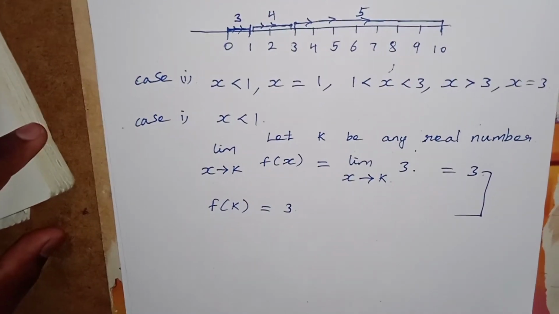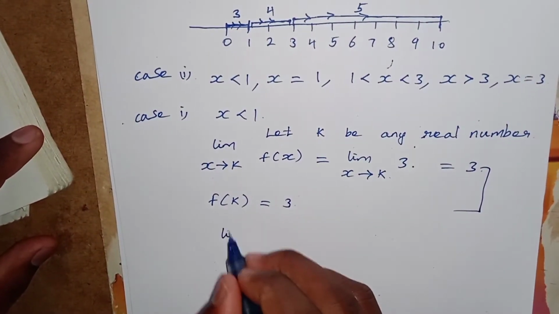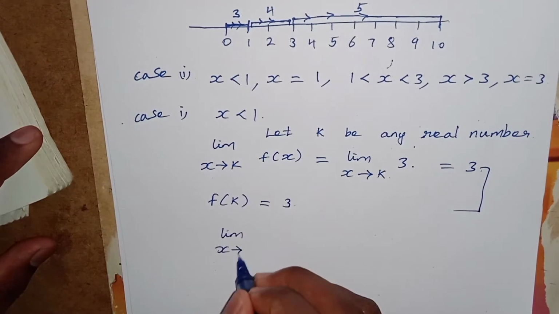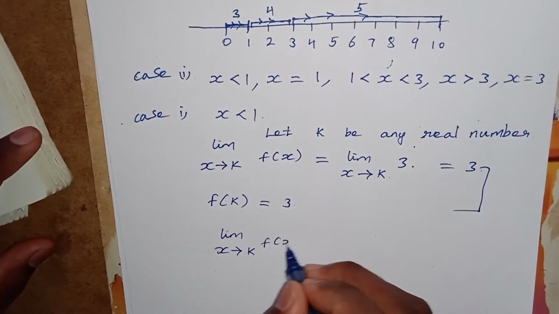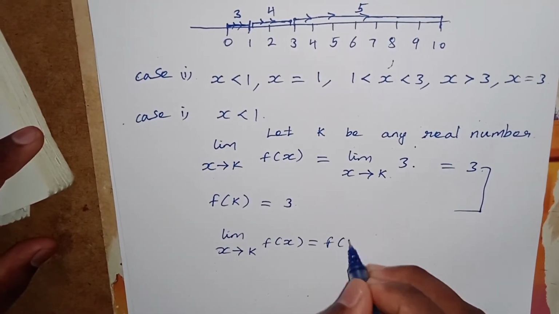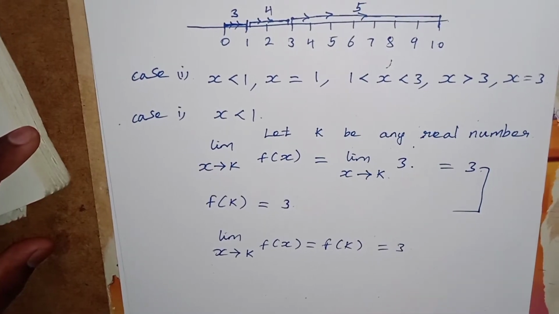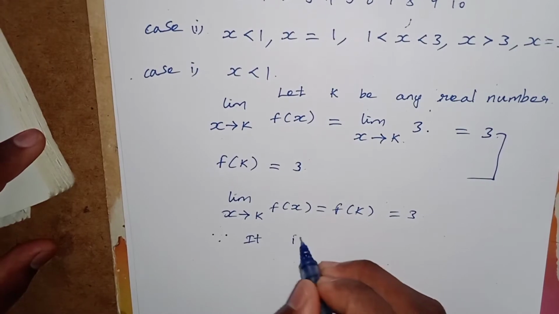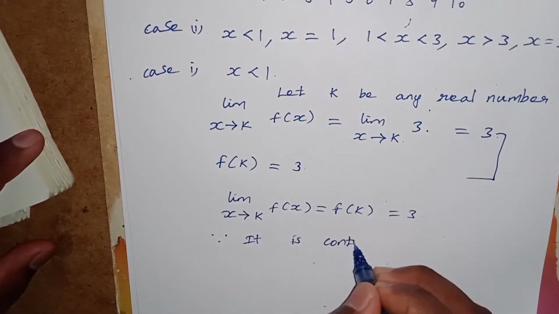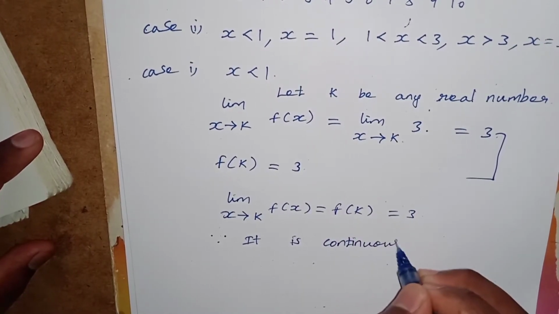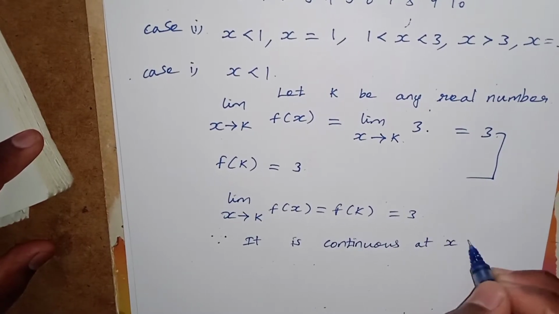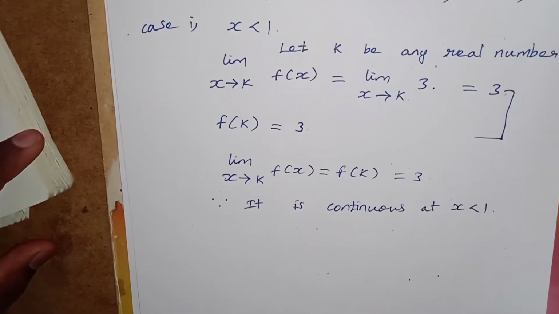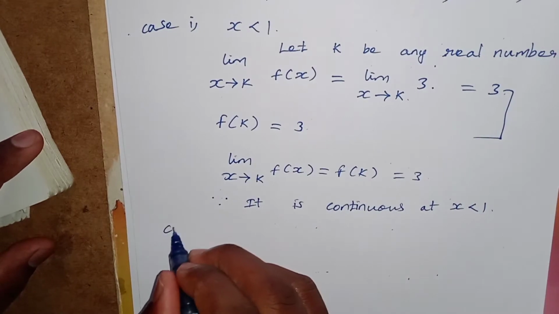Here in general, limit x tends to k f of x is equal to f of k equal to 3. Therefore here it is continuous at x less than 1.